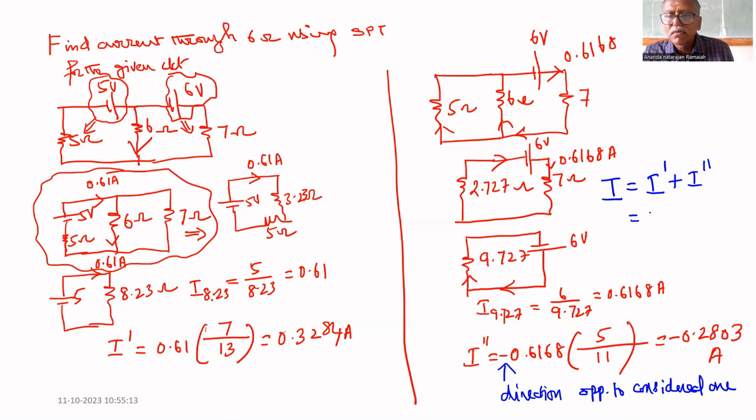That is 0.3284 minus 0.2803 equal to 0.048 amperes. We got the same answer.